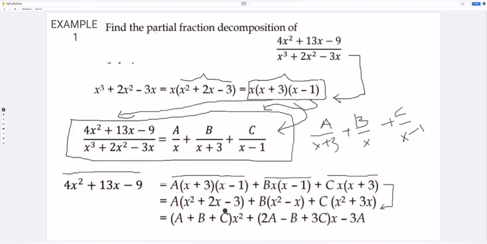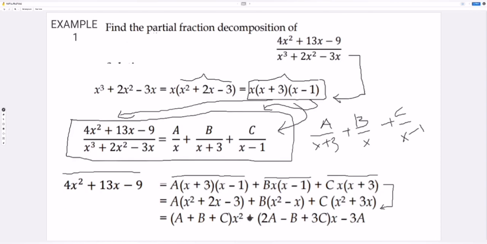And then after that, we need to segregate the coefficients according to the degree of the variable. So if the variable is x squared, let's group them by the degree of the variable.